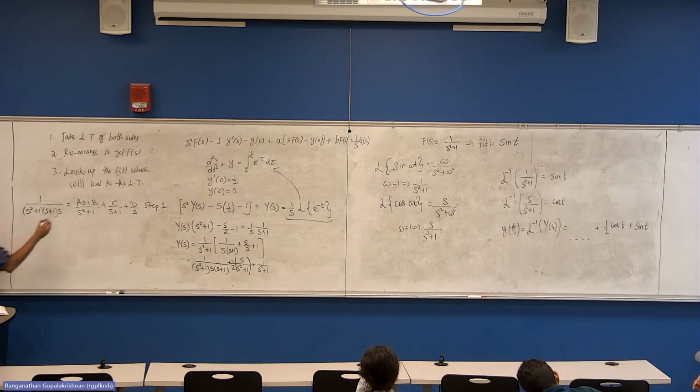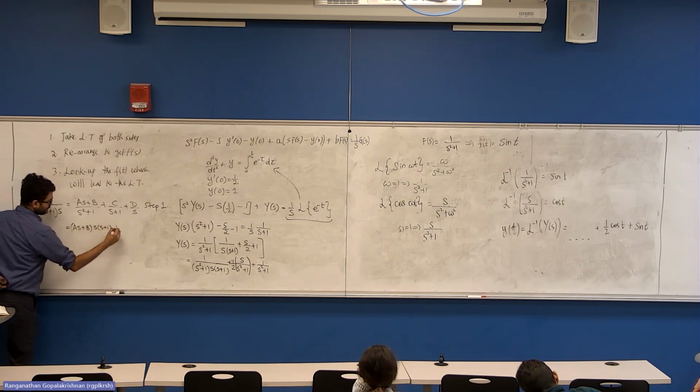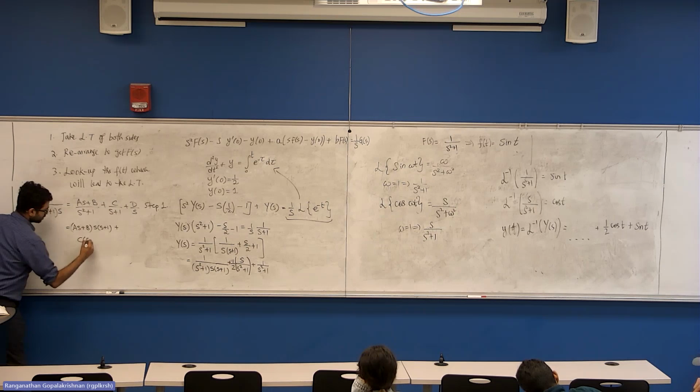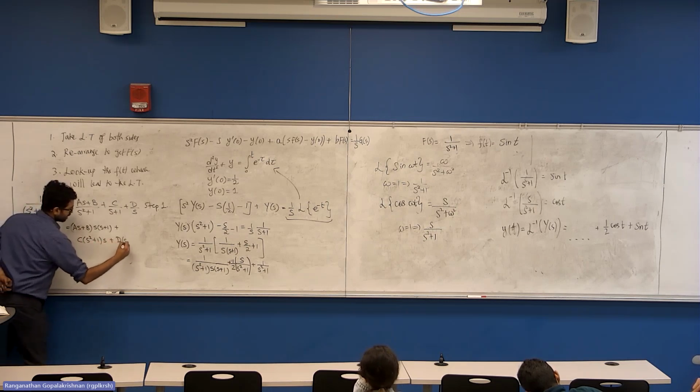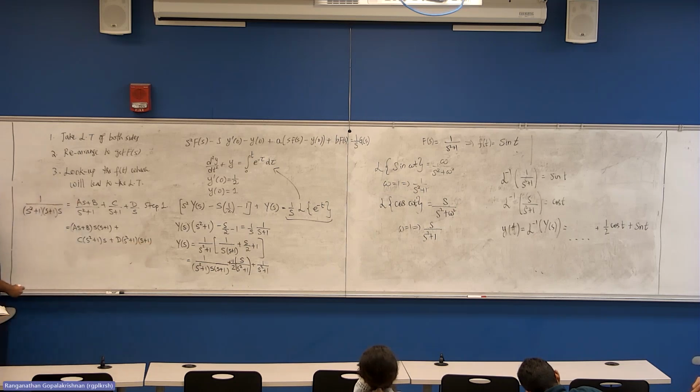So you can rewrite this as (a s plus b) times s plus 1 times s, plus c times s squared plus 1 times s, plus d times s squared plus 1 times s plus 1, that is equal to 1. The denominator is common on both sides, so I'm just leaving it.